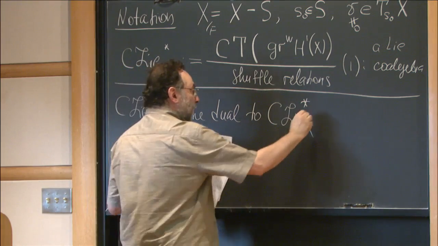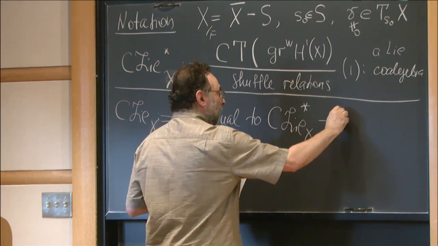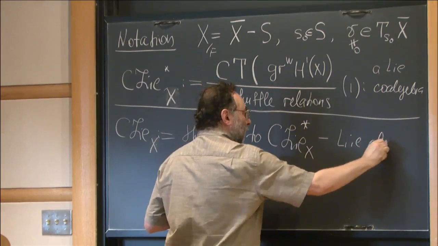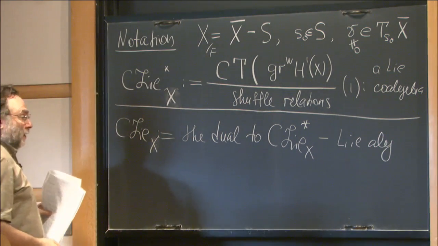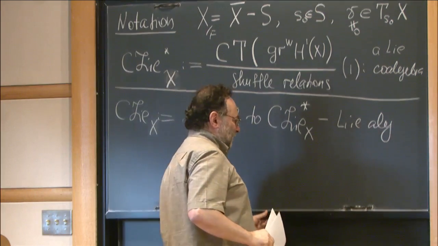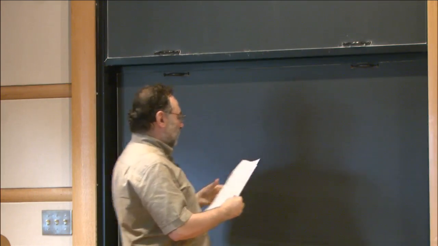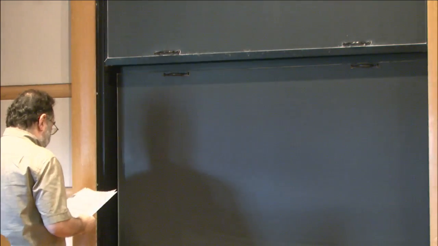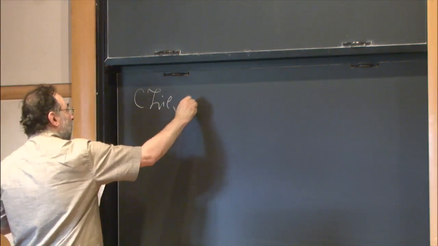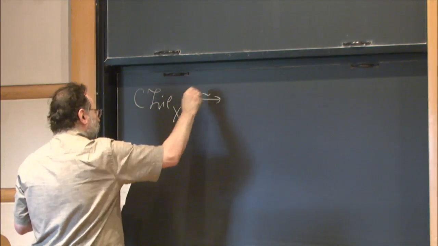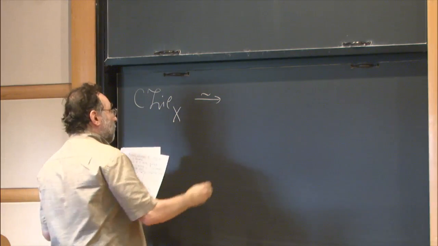And first of all, it's a Lie algebra. And the main fact about this Lie algebra is that this Cli X maps, and actually is isomorphic, to special derivations.